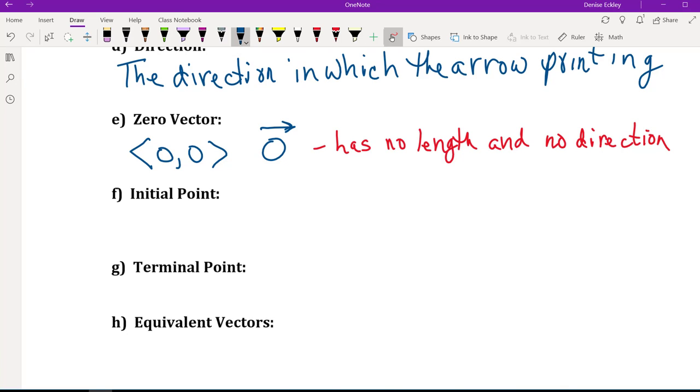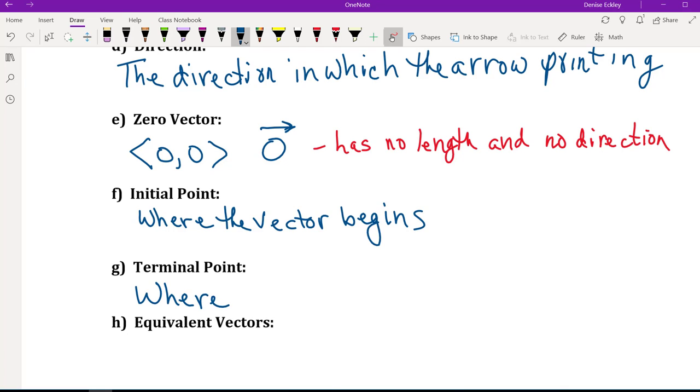The next term that we're going to be using a lot is the initial point. This is where the vector begins. And the terminal point is where the vector heads. And the reason I'm not saying ends is because the vector keeps going, it's an arrow. It's where it's heading.